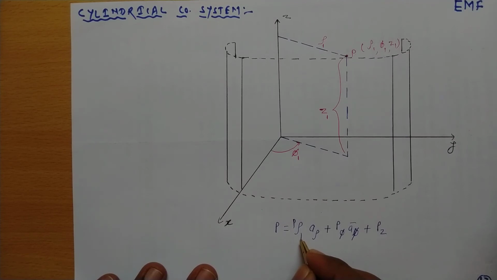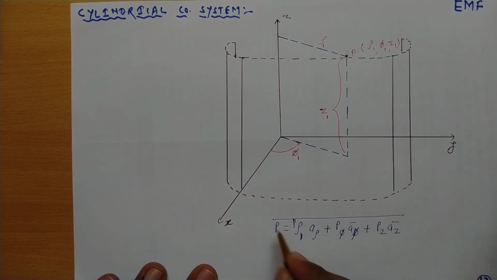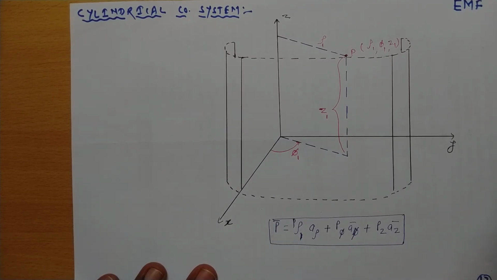There's no need to write 1 here, so I can simply write P rho, P phi and P z. So we can define the cylindrical coordinate system in terms of the vector.